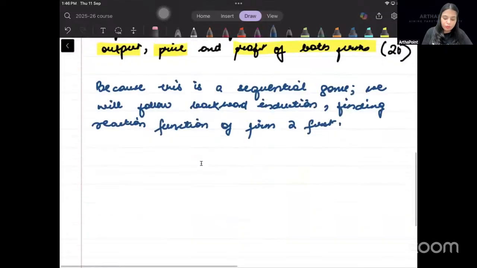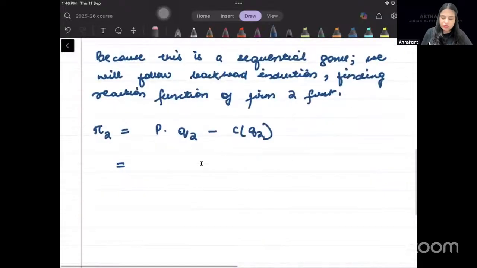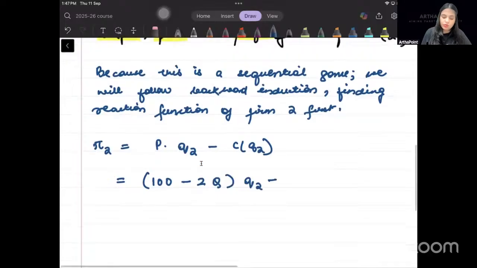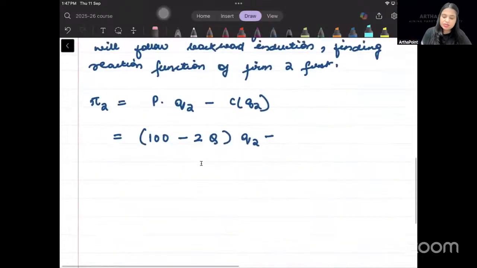So what will be the profit function of firm 2? Price into quantity minus cost of firm 2. Price is 100 minus 2Q into Q2, and in the cost function the marginal cost is 10, and both firms have the same marginal cost. So minus 10 into Q2.